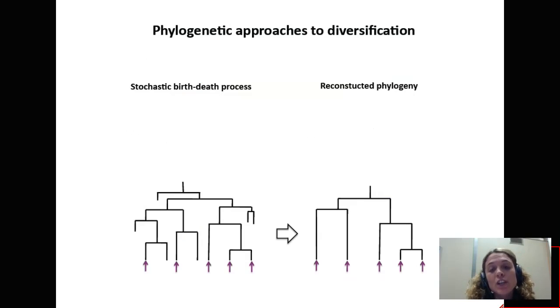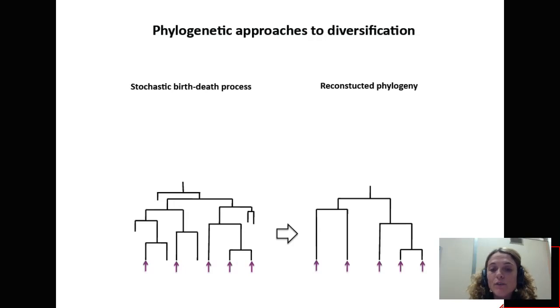So the very general approach to estimate diversification using this reconstructed phylogeny is very simple. We rely on stochastic birth-death models. The very simplest model is a model where we have one lineage, which is going to diversify with a given rate lambda, so it gives rise to new species, and go extinct with a given rate mu. And so the full process here is represented on the left. And what we see today is what we call the reconstructed phylogeny.